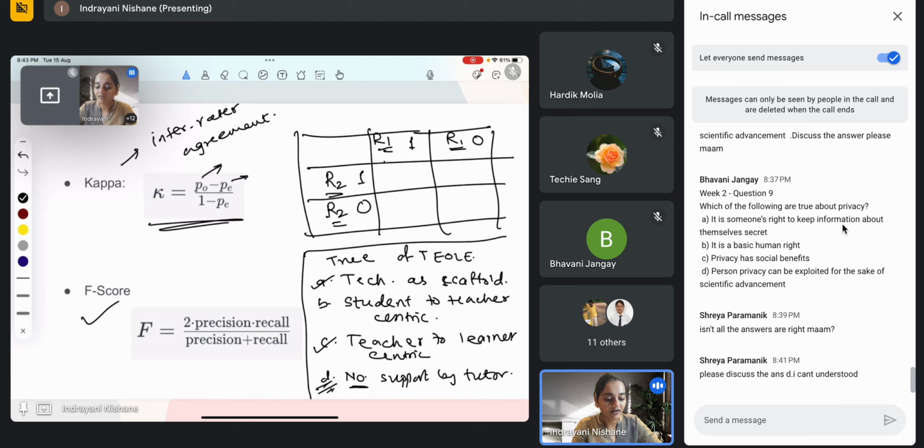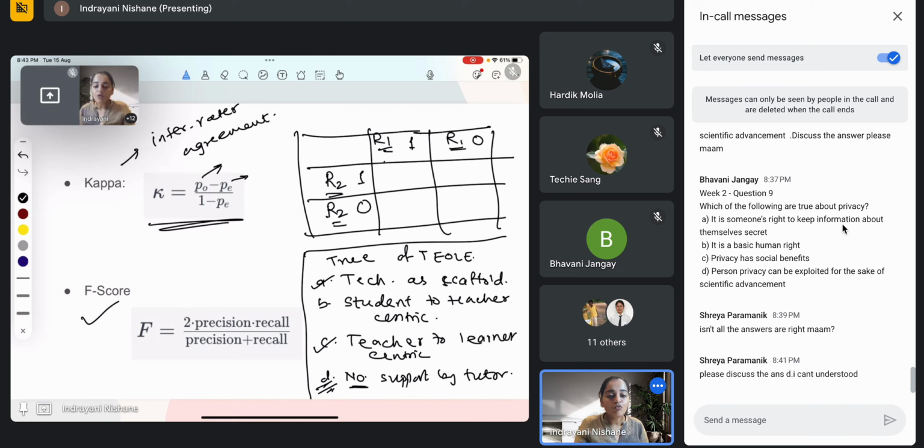But that server or that app will have access to all your information, and not necessarily will that app be using that data for scientific advancement or scientific research only, right? They will have access to your entire data, your email folder, your SMSs, your bank account statements, your photographs, your chats, everything.